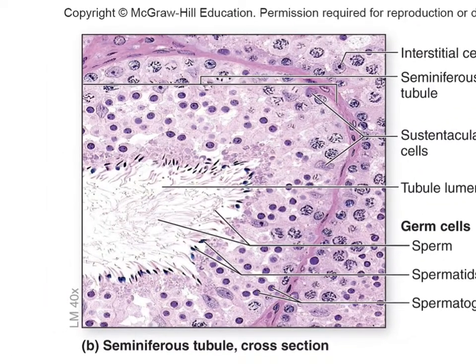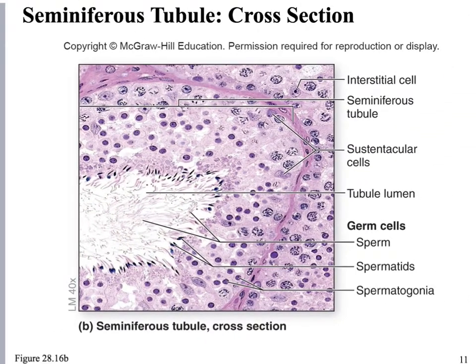Within the tubules, this is a section of the tubule, so you have this layer right here is the boundary of the tubule, and over here is the lumen. All right, so along the periphery of the tubule is where you will have stem cells. Those stem cells are called spermatogonia.